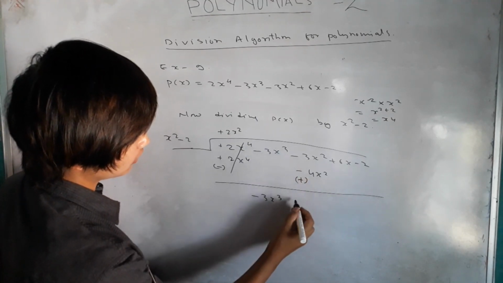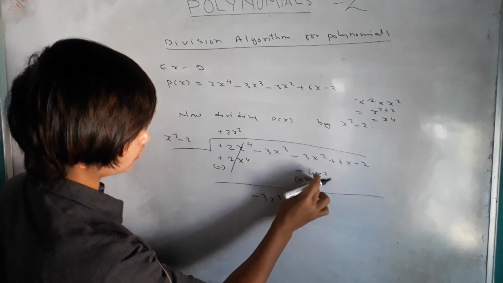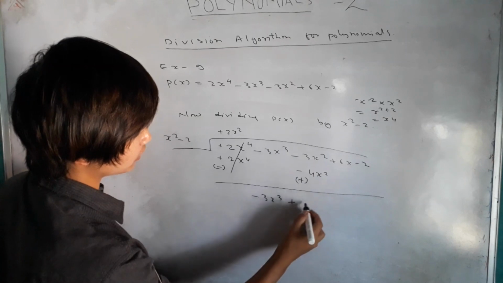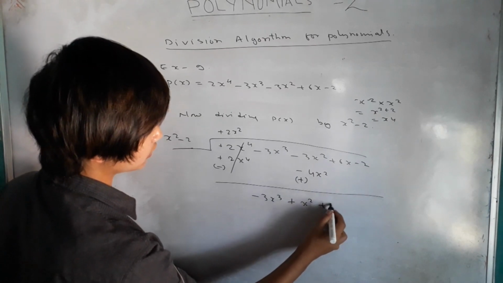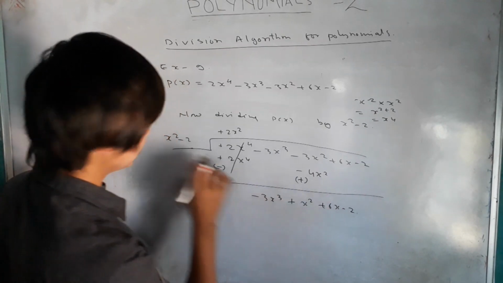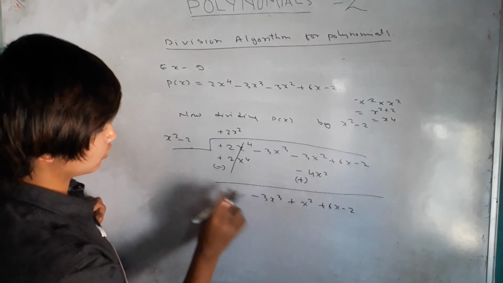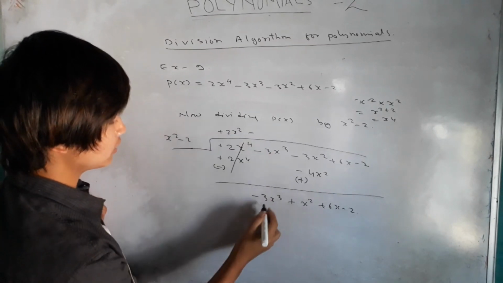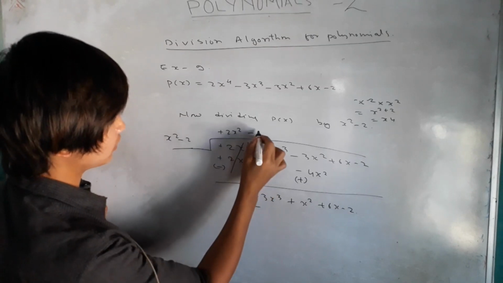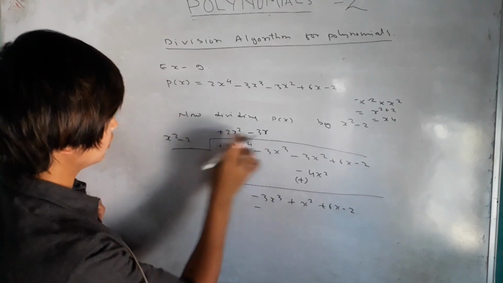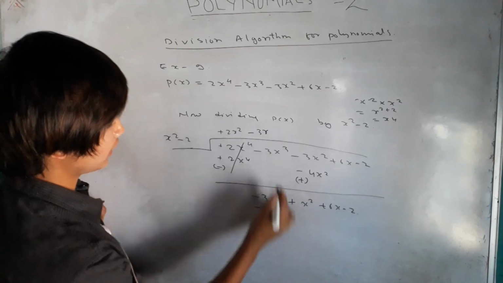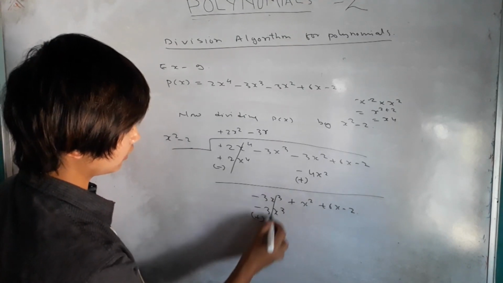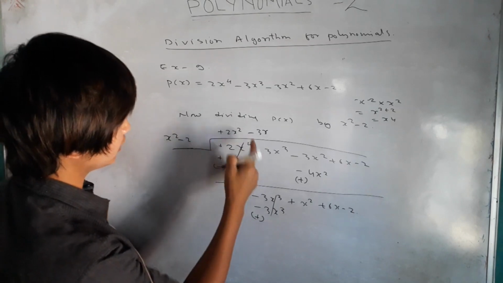Minus into plus, minus, but the higher term is positive, so it will be positive: 4 minus 3 will be x square, plus 6x minus 2. Here x square, x cube, I need to introduce a negative sign, so I will write minus, because plus into minus is minus. How many times 3x square? 3x, how? x square into x is x cube. So it will be a positive sign and it will cancel out, minus into minus, plus.